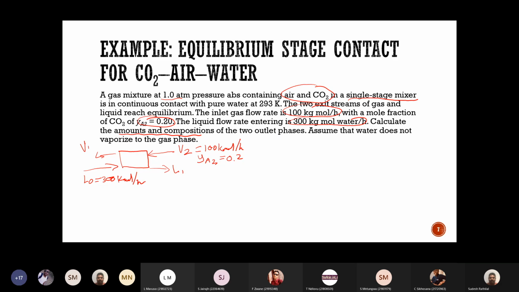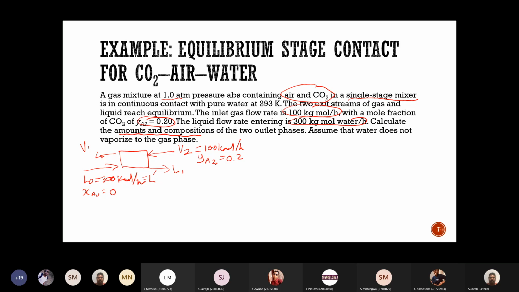If the question gives no information that the water coming in has any solute, that's a natural assumption. So we can assume that XA0 is 0. If XA0 is 0, then this L0 equal to 300 is actually equal to L prime.